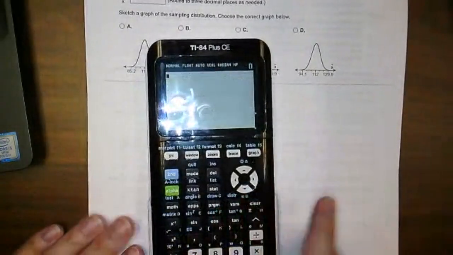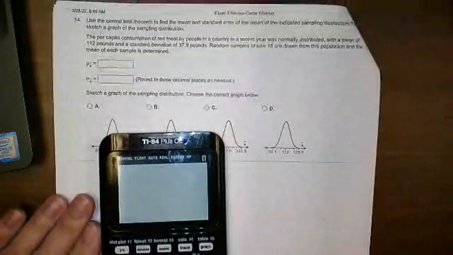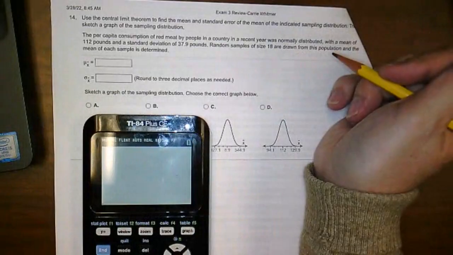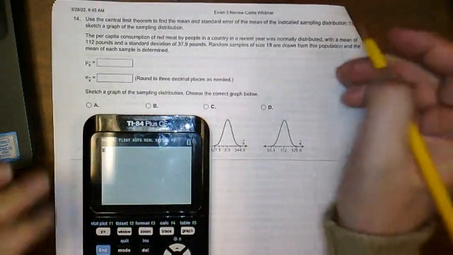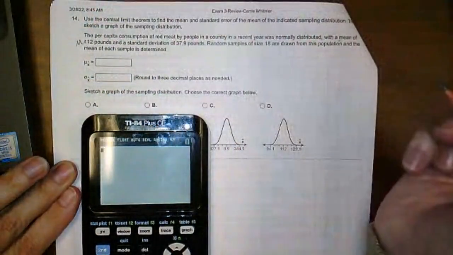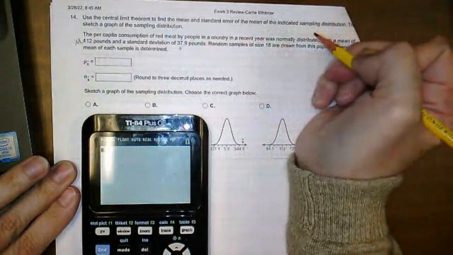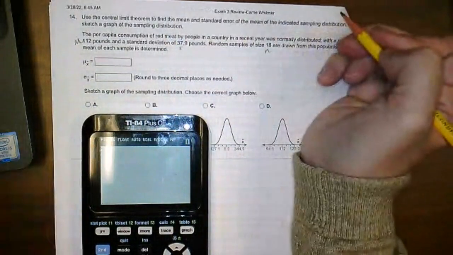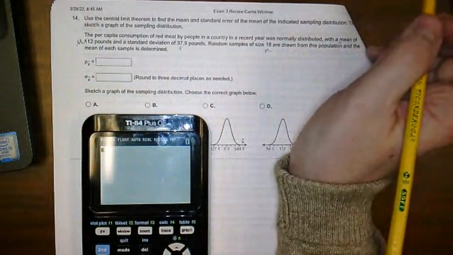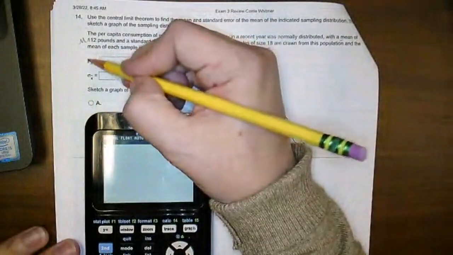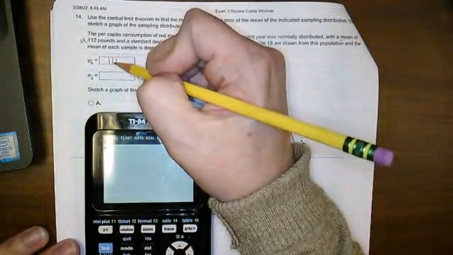Okay, number 14. Use the central limit theorem to find the mean and standard error of the mean. So we've got a mean of 112 pounds. The standard deviation is 37.9 and the random sample size of 18. So we said earlier our mean is the same for our samples.